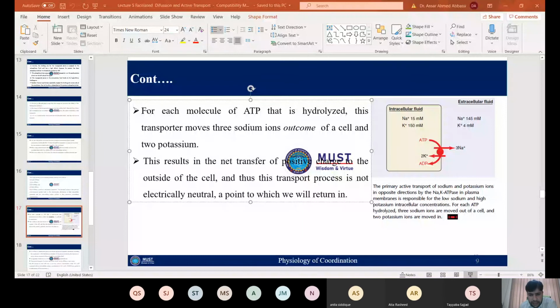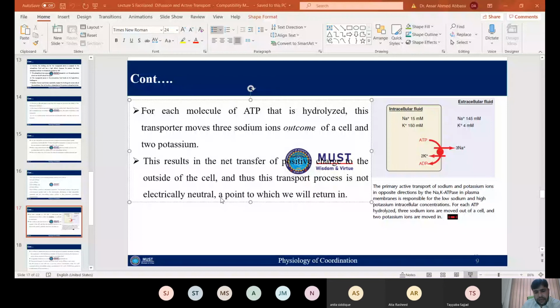Here again, we have also discussed this slide, with the extracellular concentration and intracellular concentration. As I have told you, when a single ATP molecule is hydrolyzed, it will result in movement of 3 sodium ions from inside to the outer side and 2 potassium from the outer side to the inner side.